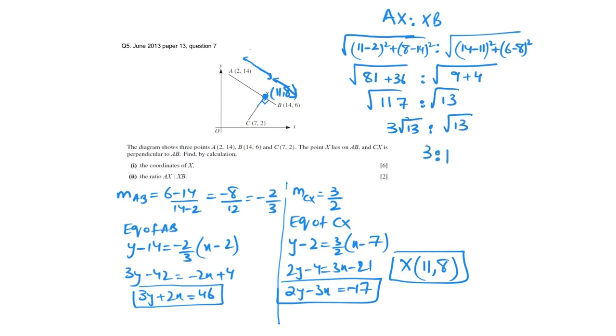So the ratio comes out to be 3:1. That's your answer for the ratio of AX to XB.